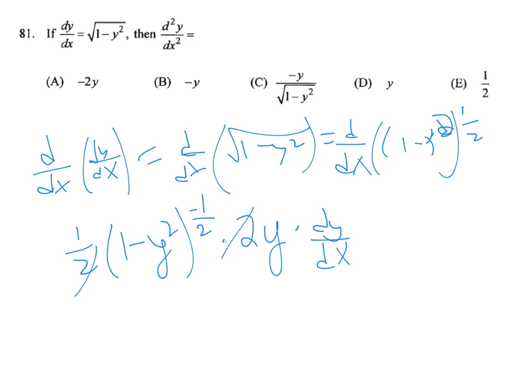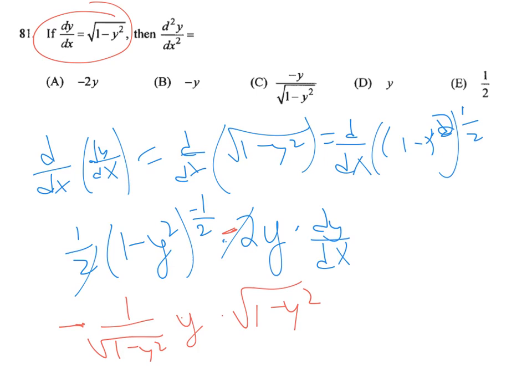You can write this as 1 over the square root of 1 minus y squared, times, well, there's a negative right here, so this would be negative y, and then times dy dx. And dy dx is the thing that was given to us, the square root of 1 minus y squared. So nicely, these cancel out, and now I'm left with negative y as the answer.